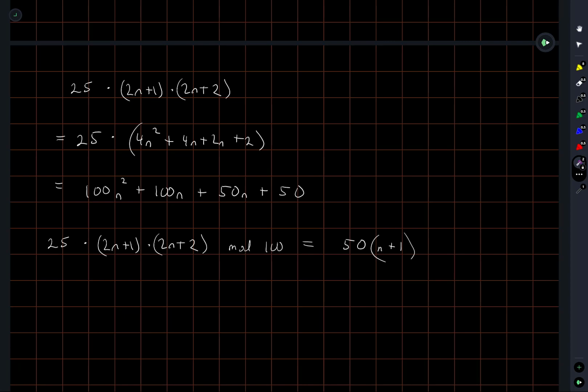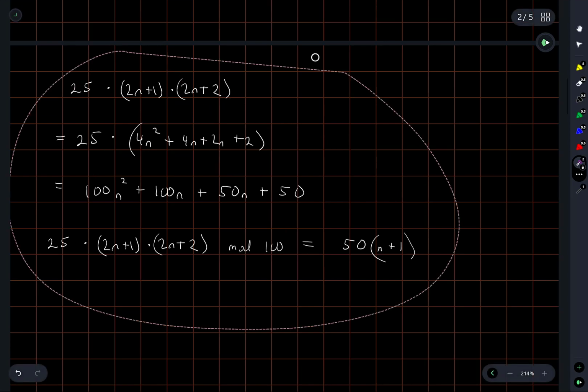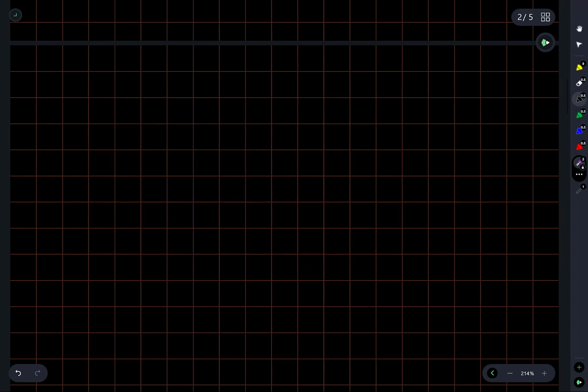Oh goodness. Oh, wait, no, this is correct. No, it's not. No, it's not. Start again. So if my product so far ends in a 25, and then I multiply by the next two subsequent odd numbers, what do I end up getting?